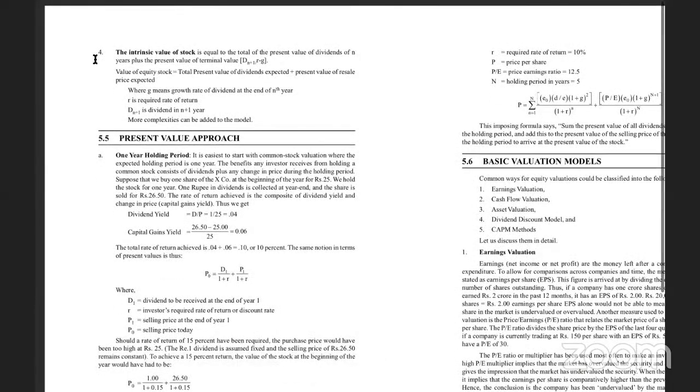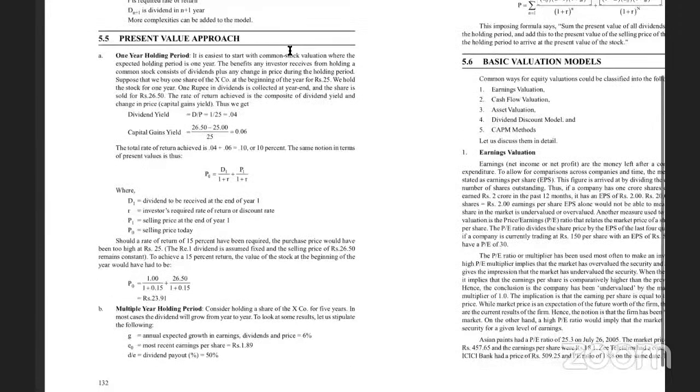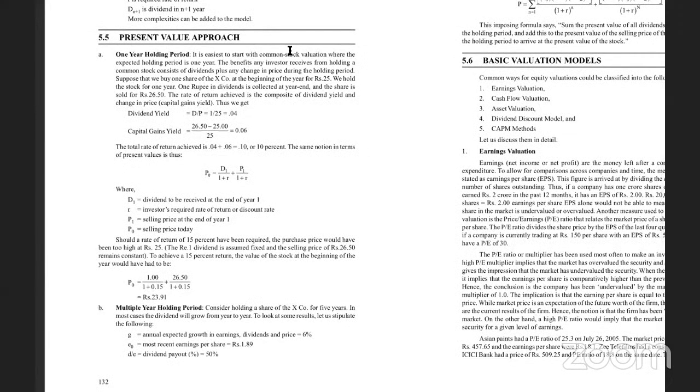So he said the intrinsic value of stock is equal to the total of the present value of dividends up to year N plus the present value of the terminal value of that stock. That's what I said. So the present value of 3,000 plus the present value of all the dividend flows that you get for 10 years is the value of the stock. That's the meaning.